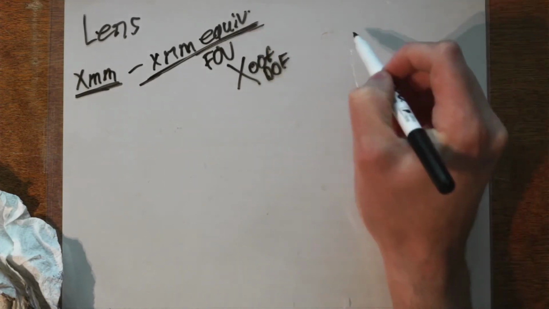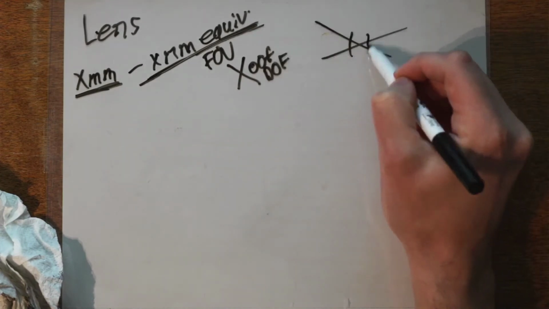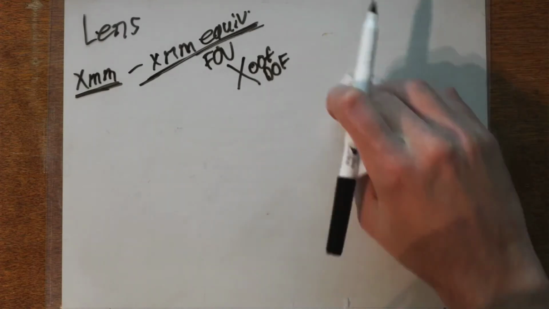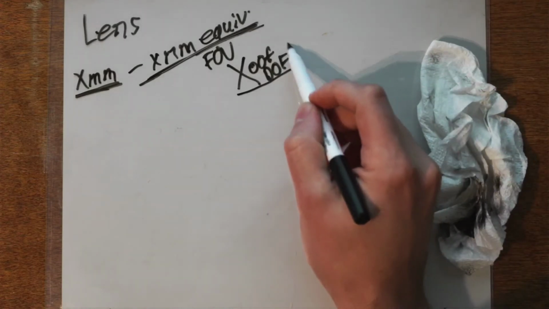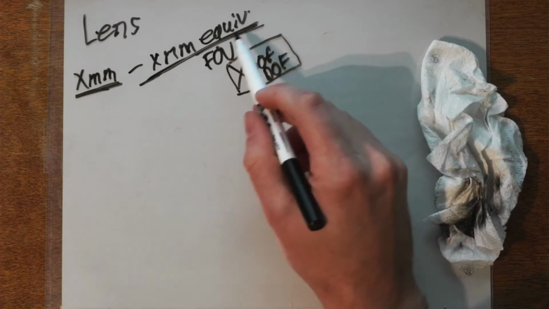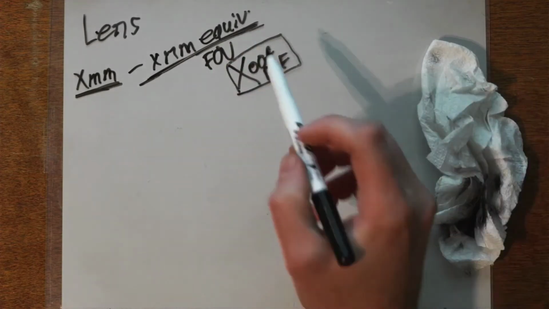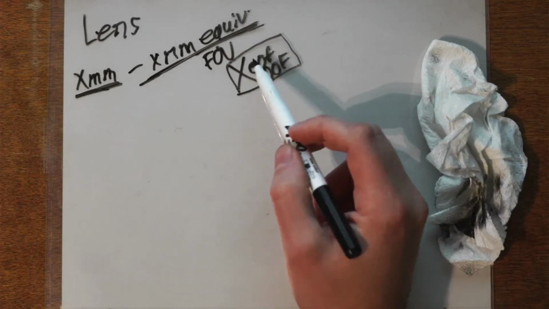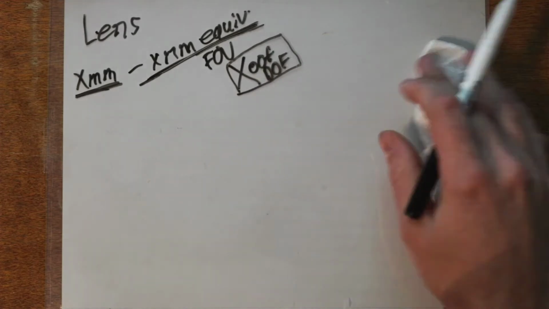The depth of field is that area that gets tight enough that we think it's in focus. It is not either of these. That's a no-no. The X millimeter equivalent is only for field of view. This is a calculable number. There's calculators online to do it. We're not going to worry about it here.